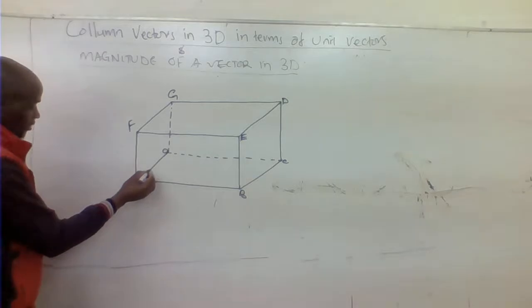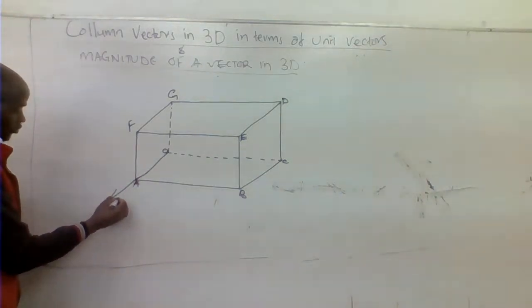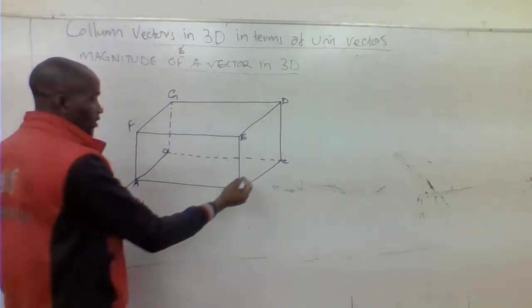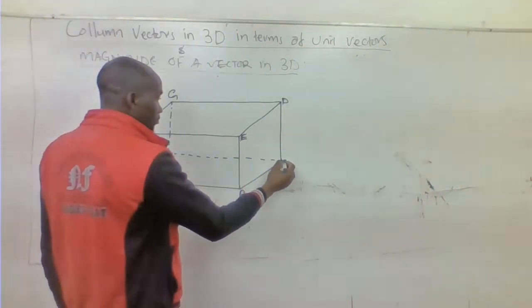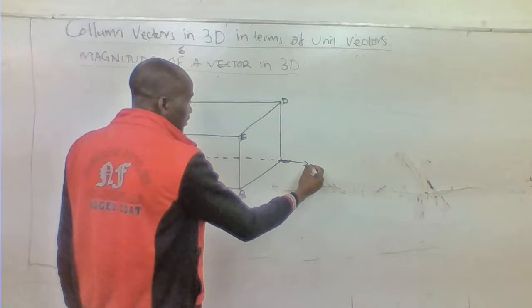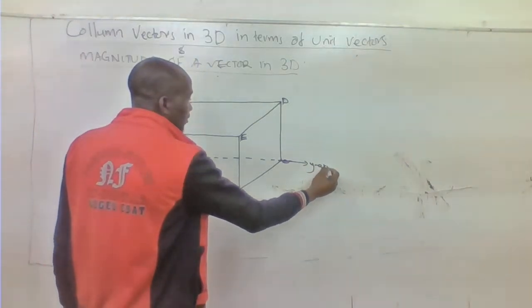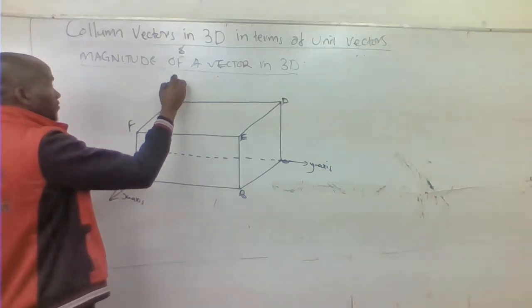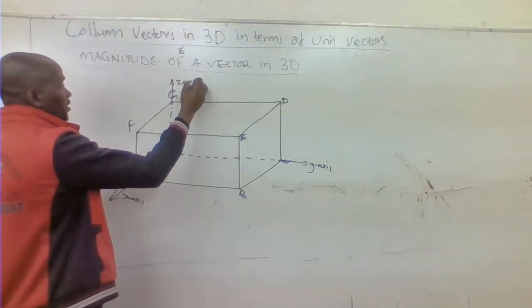Now, if we extrapolate this, it's going to give us the x-axis. If we extrapolate this, it is going to give us the y-axis. If we extrapolate OG, it is going to give us the z-axis.